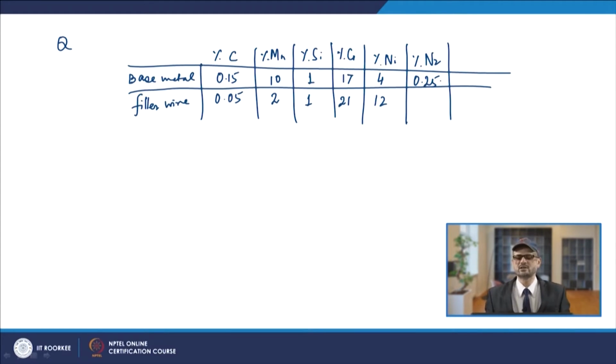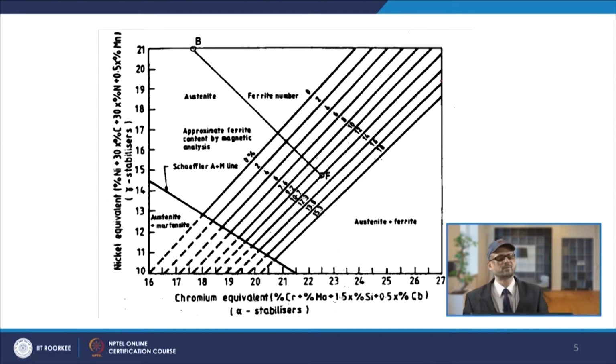For that, you need to look into the DeLong diagram, which is given. In this diagram, the chromium equivalent is calculated using the formula: percentage chromium plus percentage molybdenum plus 1.5 times percentage silicon plus 0.5 times percentage columbium.